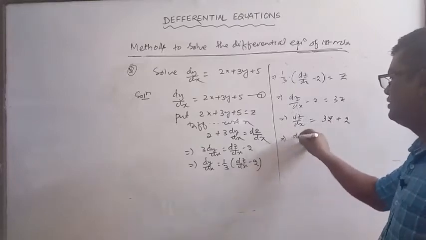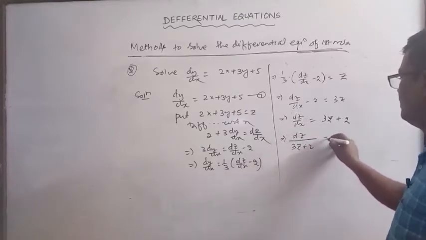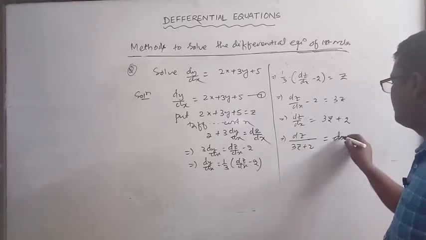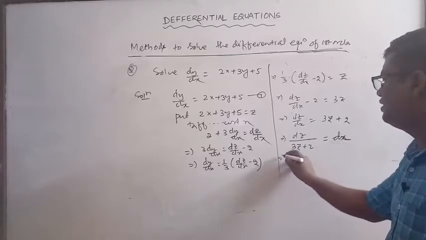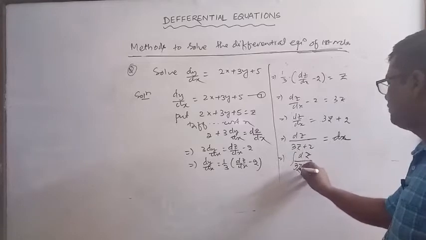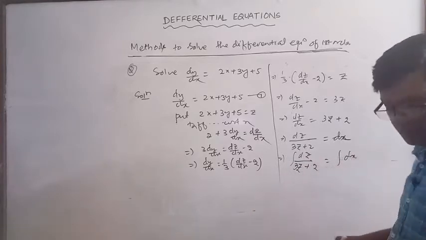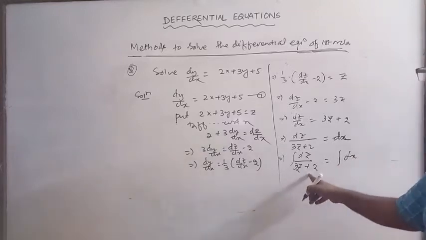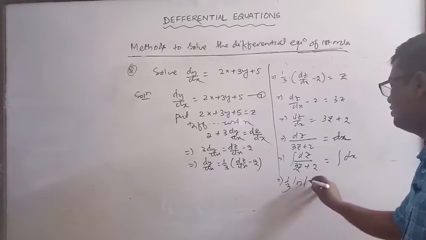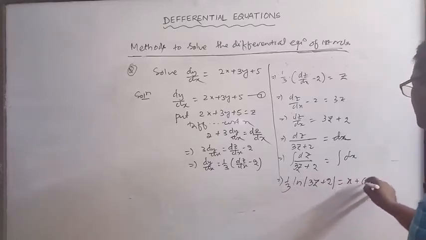Now dz/(3z + 2) = dx. Integrating both sides, the integral of dz/(3z + 2) equals the integral of dx. The integration formula gives (1/3) log|3z + 2| = x + constant.